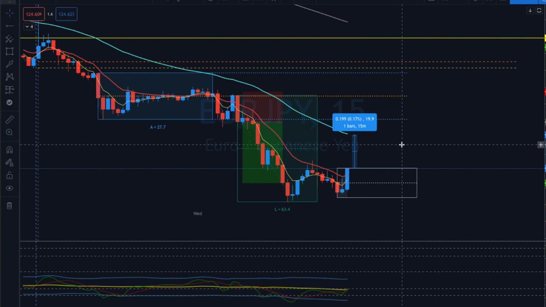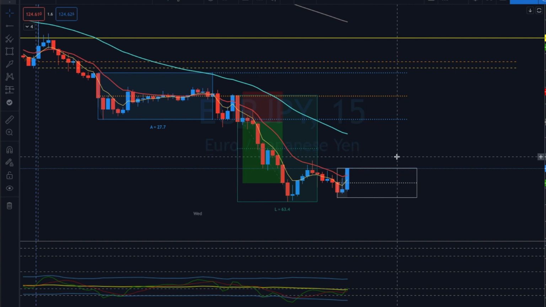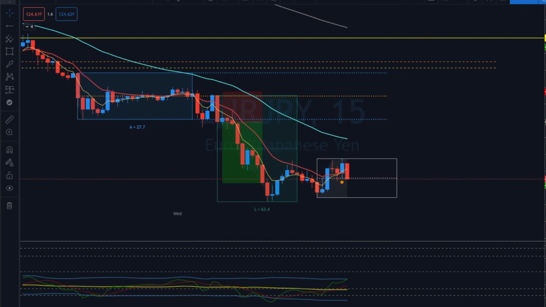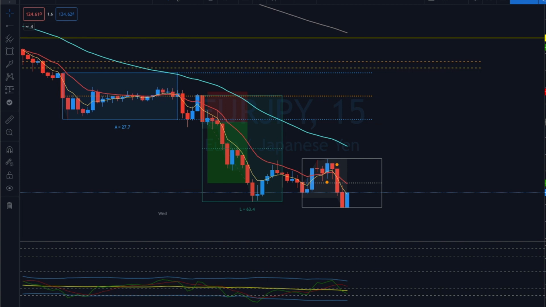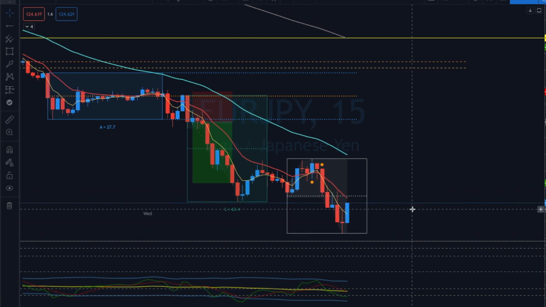So again, a 1-to-1 risk to reward ratio, not something that I'm really interested in trading because of that. So this one doesn't even make it to the 50, and it just keeps going down.